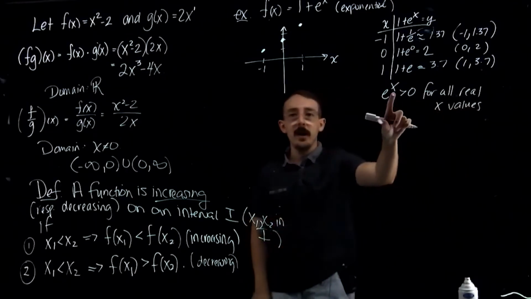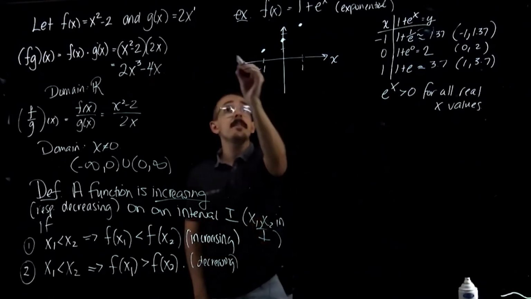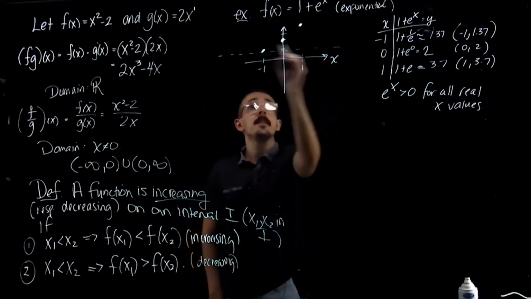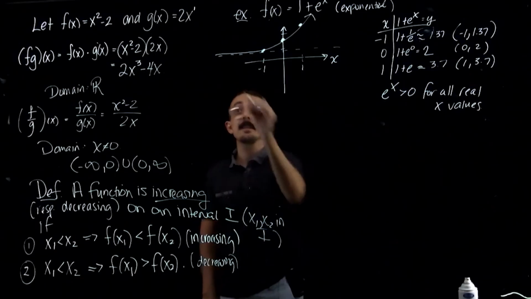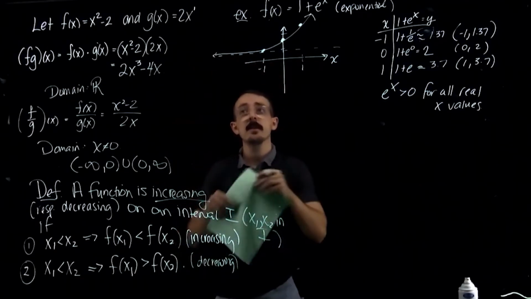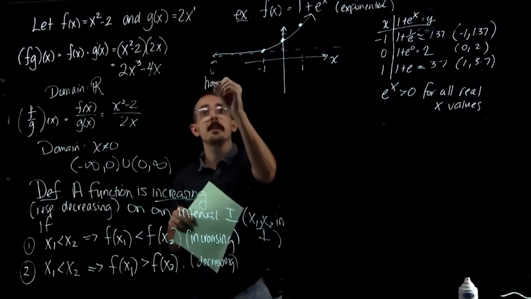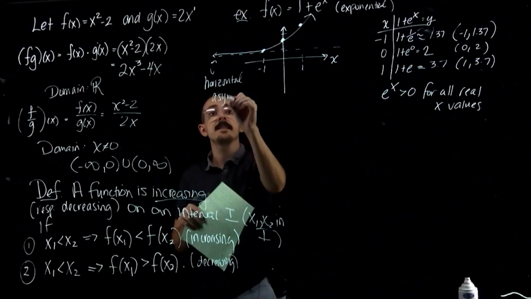So no matter how large of a negative number or how large a positive number, you're always going to have that this is true. So the graph approaches 1, but never quite gets there. So this is what the graph looks like. You call this a horizontal asymptote. That might ring a bell for some of you. This is called a horizontal asymptote.